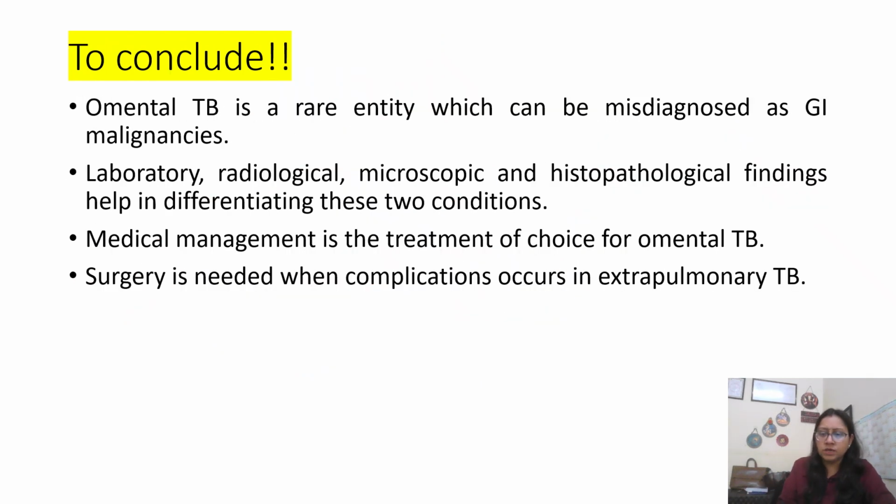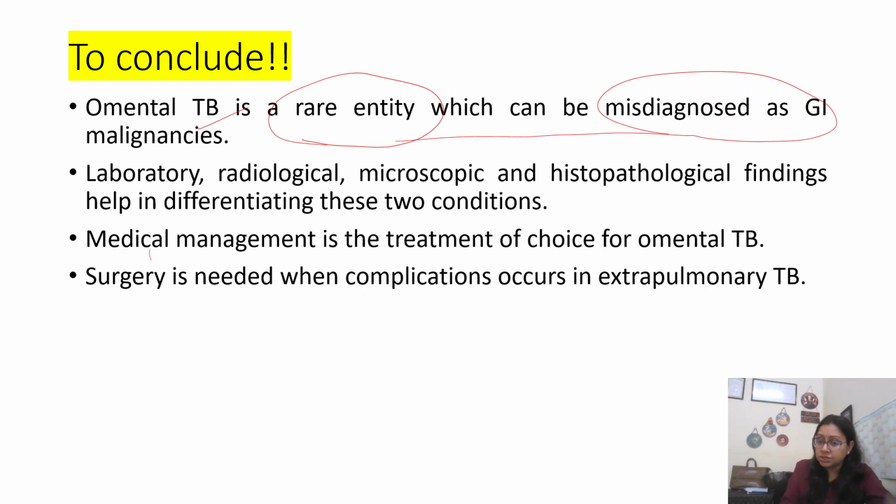So just to conclude, this is basically omental TB. Extrapulmonary manifestations are very common in TB, but here we are talking about omental TB, a rare entity which can be misdiagnosed as GI malignancy because of the clinical presentation.